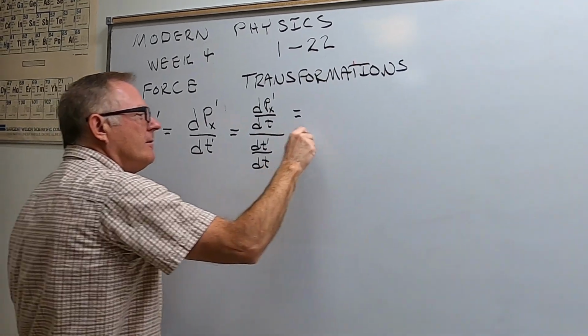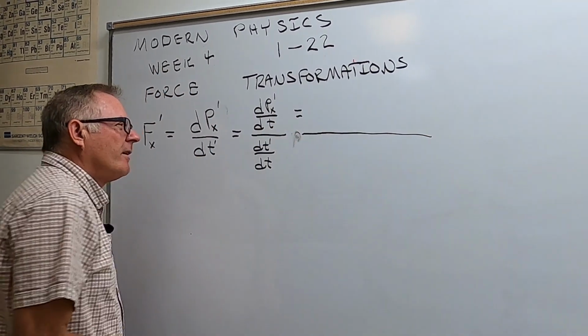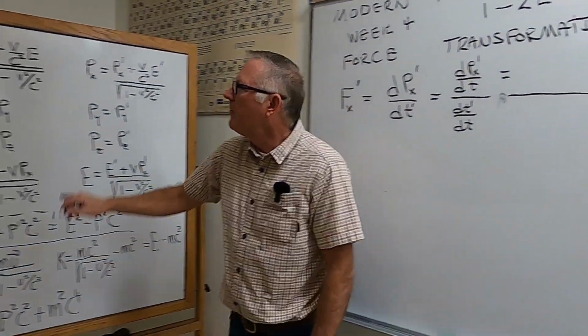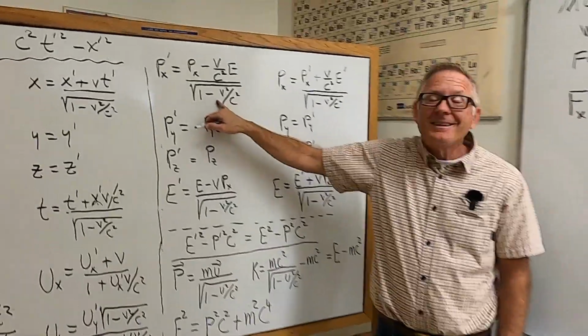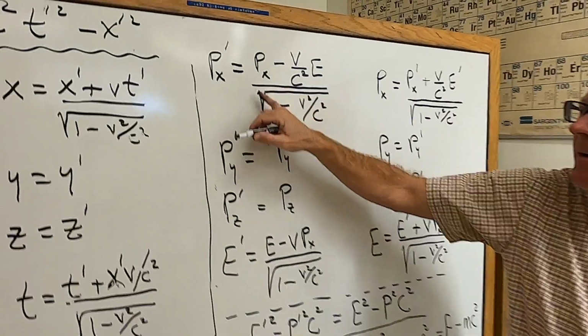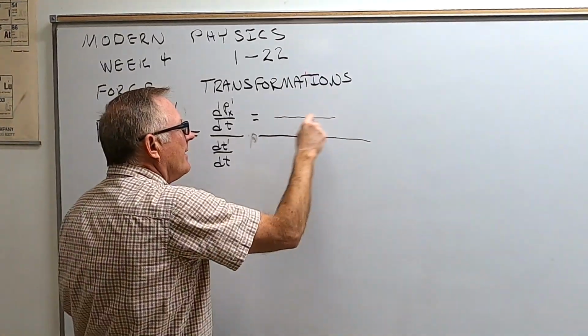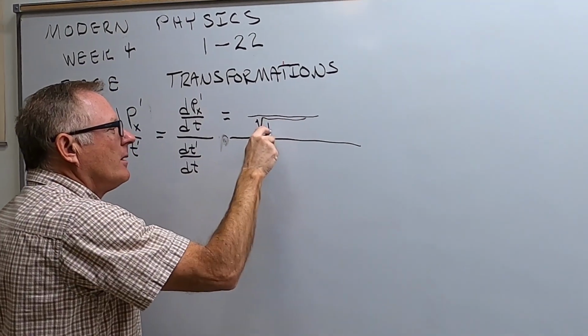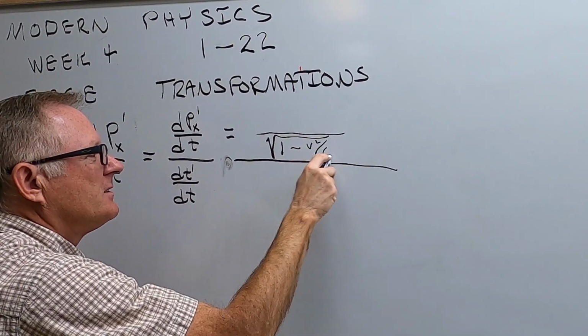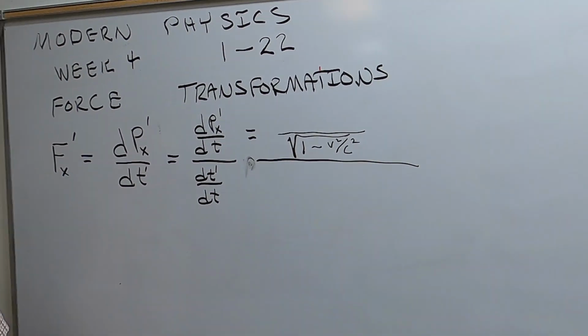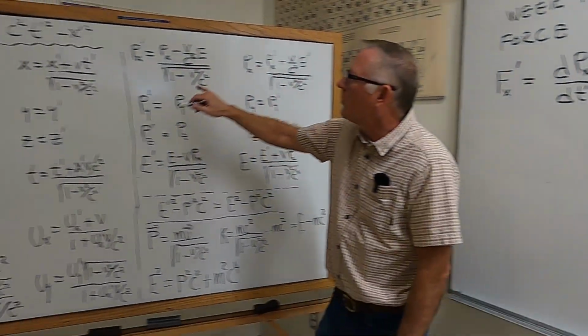We want to say, what is the derivative of this with respect to time? Well, the denominator is a constant, so we'll just leave the denominator there, square root of 1 minus v squared over c squared. And then we just need to take the derivative of the numerator.